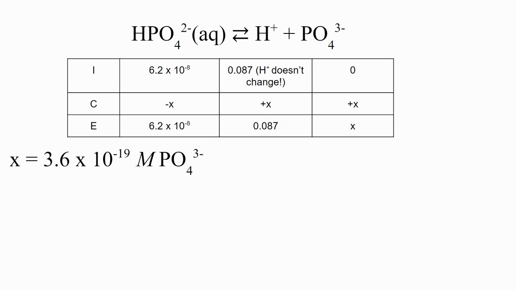If they start asking you about the anions, just solve until you get to that anion. Do your ice table, do your K expression. Nothing changes from what we've been doing up to this point. It's all the same method. Set up the K. Get the ice table set up if you need the ice table. Plug the numbers into the K expression. Solve it. Figure out what the X stands for. And then use it appropriately.